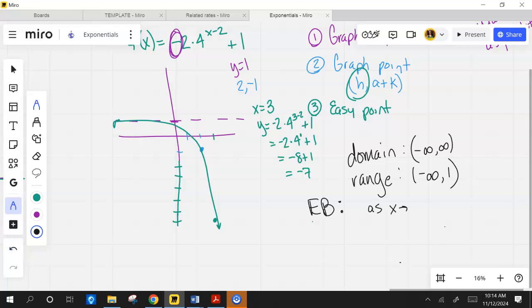How about the end behavior? As x approaches infinity, f of x goes negative. As x approaches negative infinity, f of x approaches 1. It approaches the asymptote. It doesn't touch the asymptote, but it approaches the asymptote.